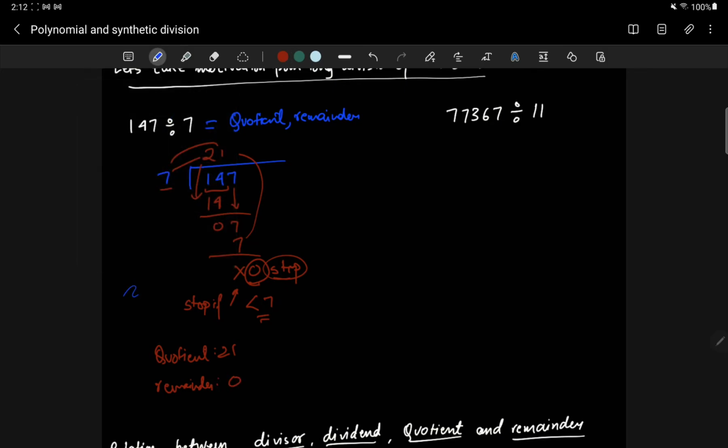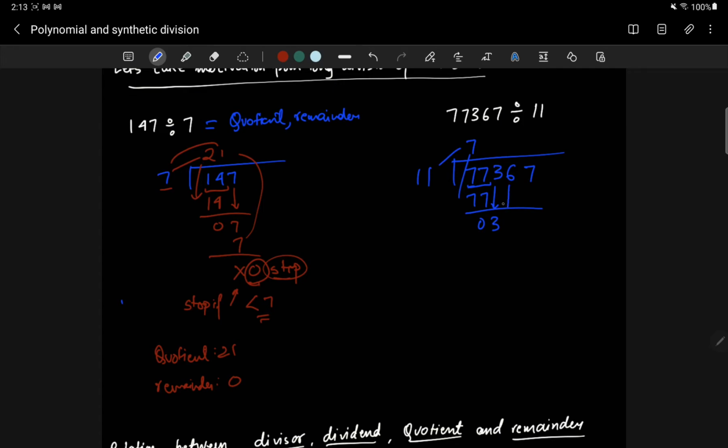Let's repeat the process for the second one here, slightly longer. 77,367 divided by 11. Since 7 is smaller than 11, I take 2 digits. So 77, and that goes into 11 7 times to give me 77. Subtracting gives me 0. Now I bring down the next number, 3, but that's not enough.